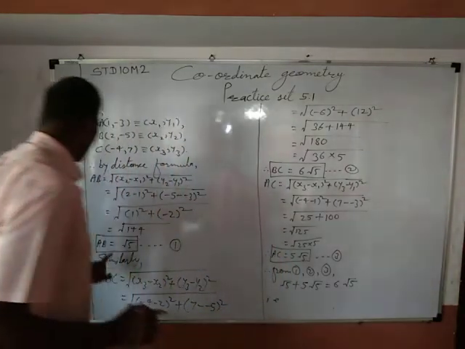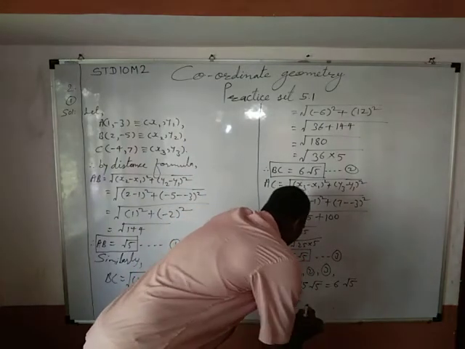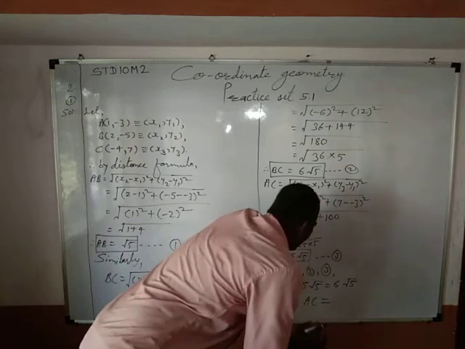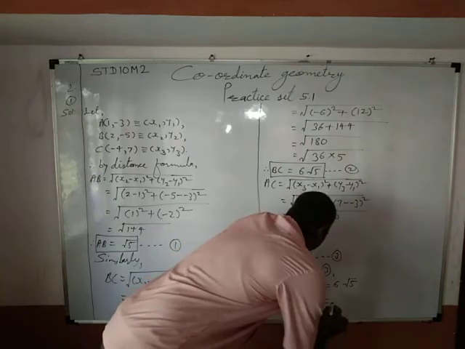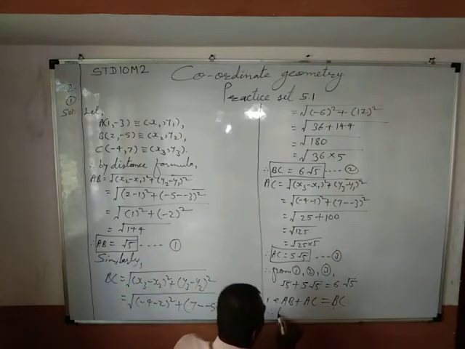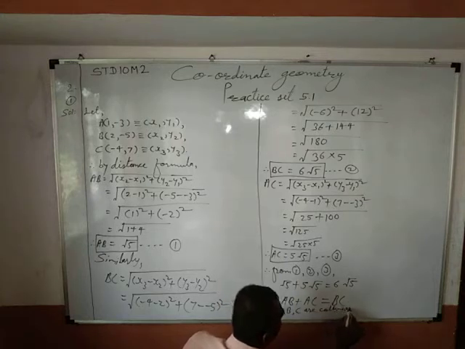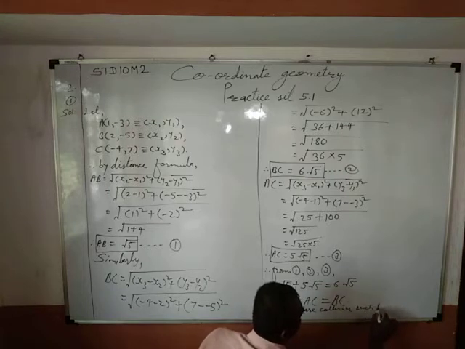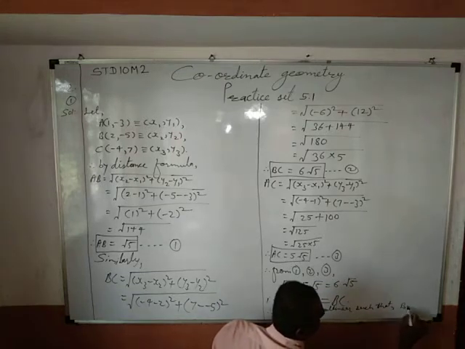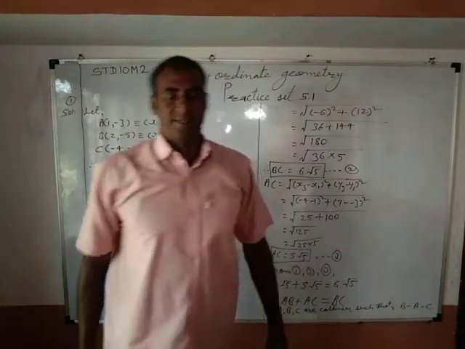That is, root 5 is the length of AB plus 5 root 5 is the length of AC equals 6 root 5 is the length of BC, and therefore A, B, C are collinear, such that as B and C will be at extremes, A will be the betweenness.